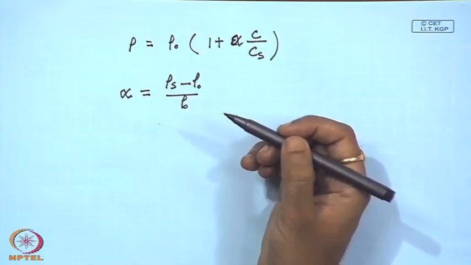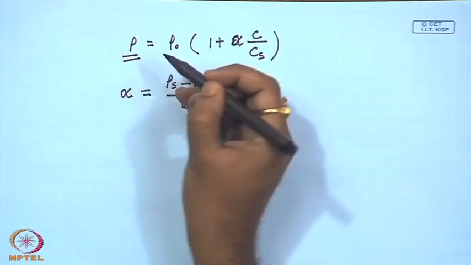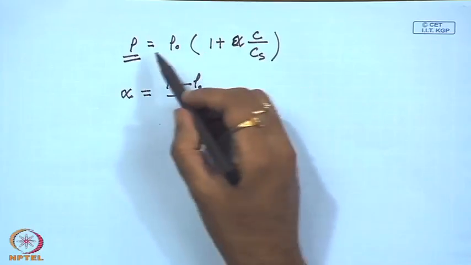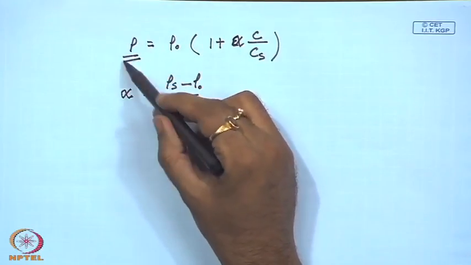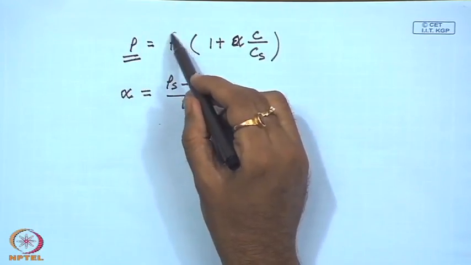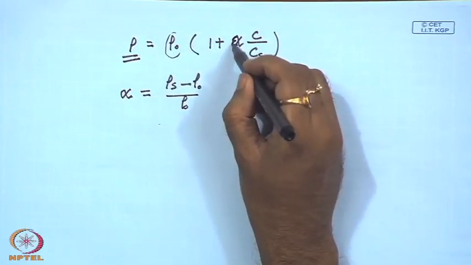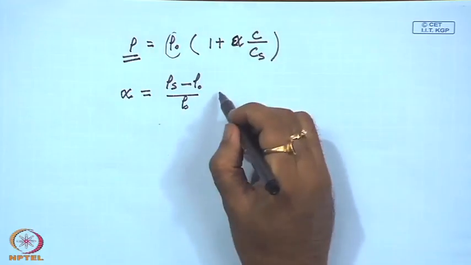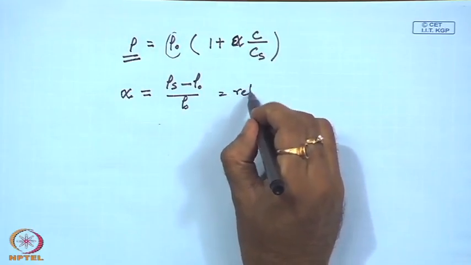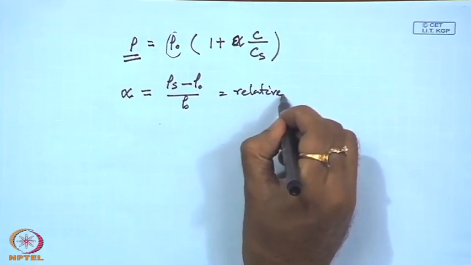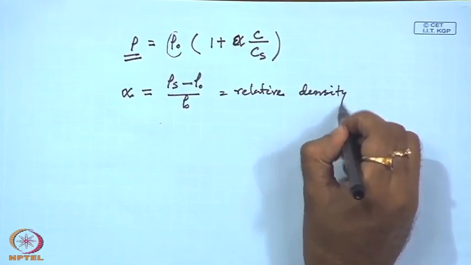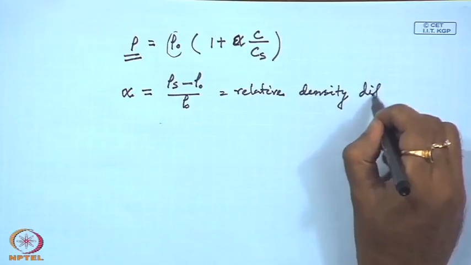This is the density of groundwater, this is the reference density, and this is the density ratio or relative density difference.